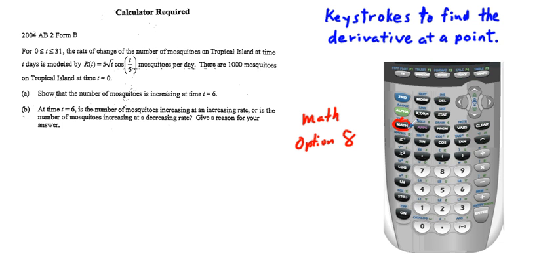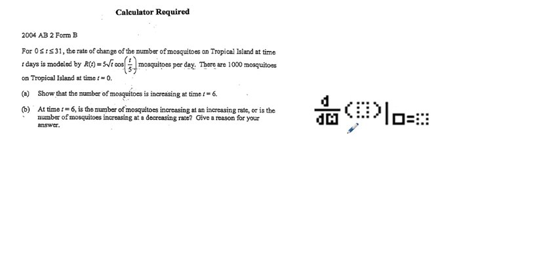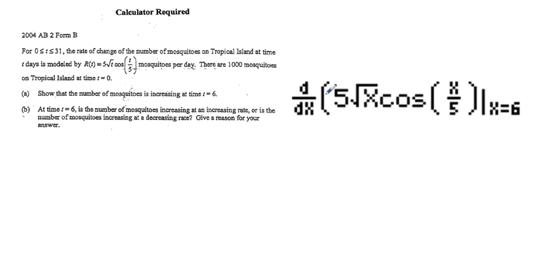I think you get options 1 through 9, and 8 is derivative at a point. Then we see this setup here. Next, we put our function right here, replacing t with x, and then at the right we put x equals 6.